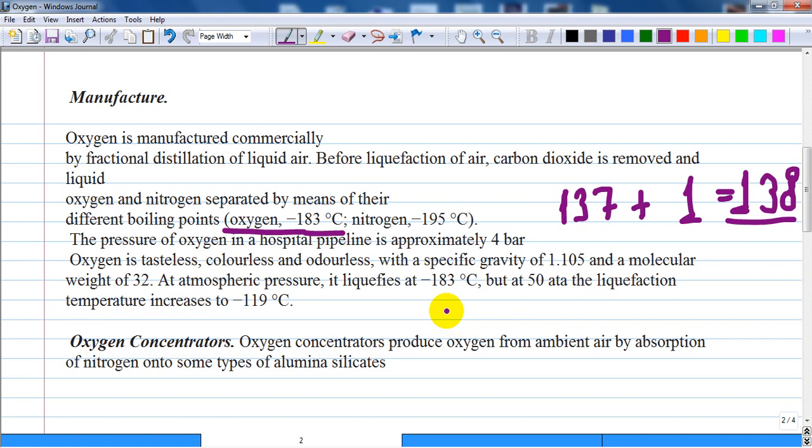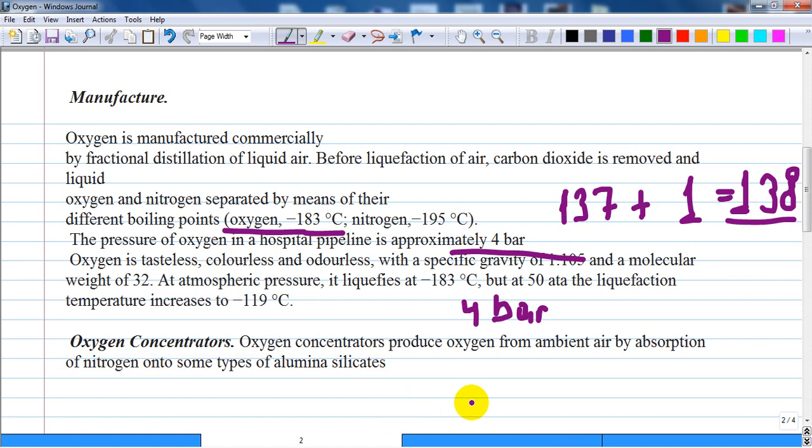The pressure of oxygen in a hospital pipeline is approximately 4 bar, which is the same as the pressure distal to the reducing valves of gas cylinders attached to the anesthetic machines we are using.